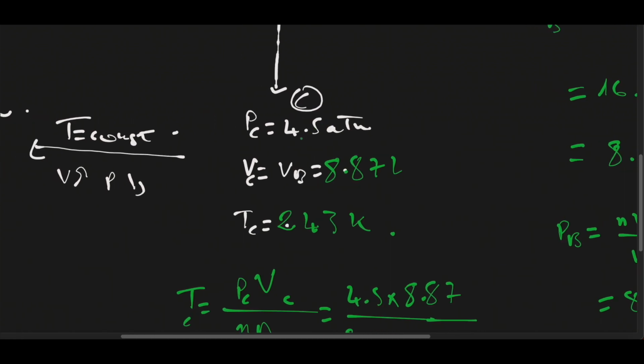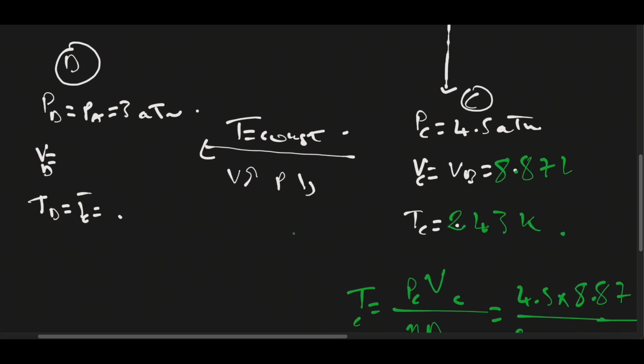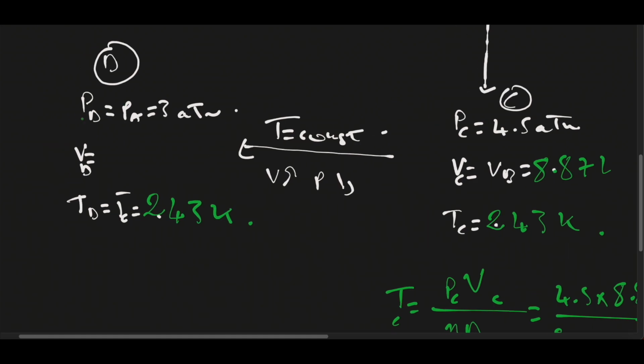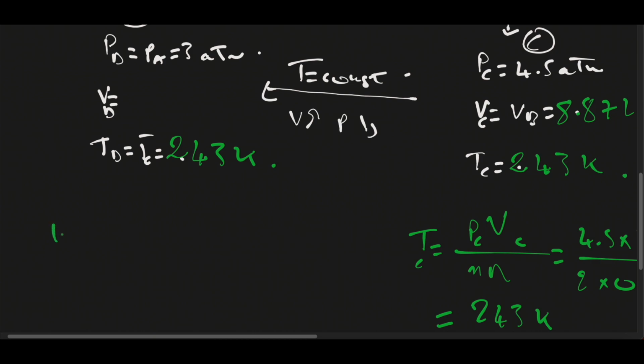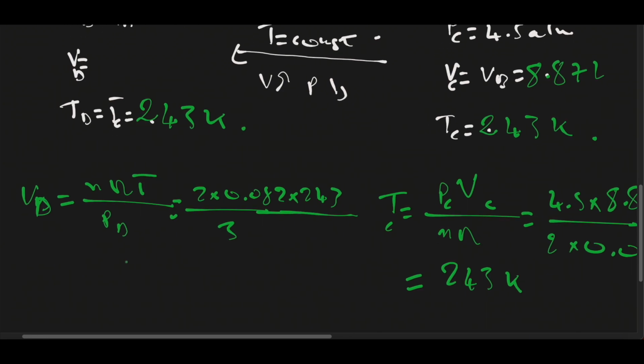Now for state C it is calculated. Now for state D, here we have isothermal change, which means that the temperature in state D is equal to 243 Kelvin, and the volume is obtained from the perfect gas equation, 2 times 243 over 3 atm.